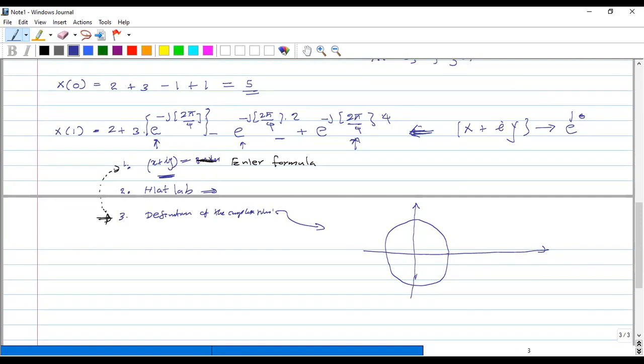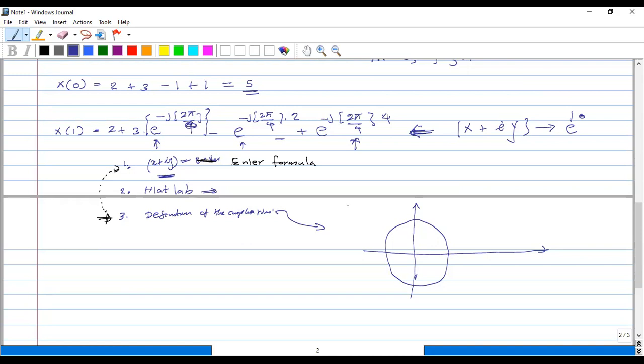We have divided this circle into 4 equal portions. So this 4 is the number of portions we should have. That is the DFT number, actually the sample number. So if it is 8, we can divide this circle into 8.